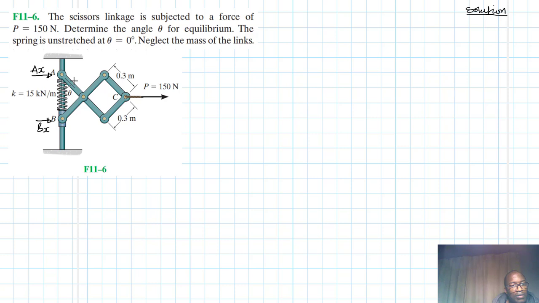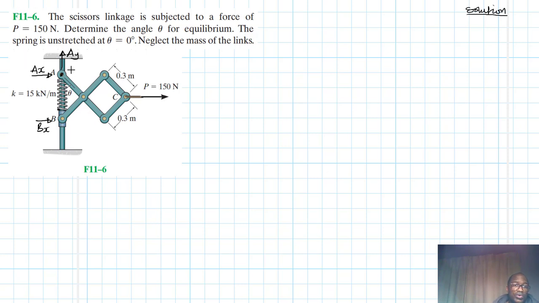So therefore we have this reaction force, and you also have this reaction force. So this is the free body diagram of this particular system. Now let's choose our reference point. The idea always is to choose a reference point that is fixed. So let's choose A, because we know A is hinged.